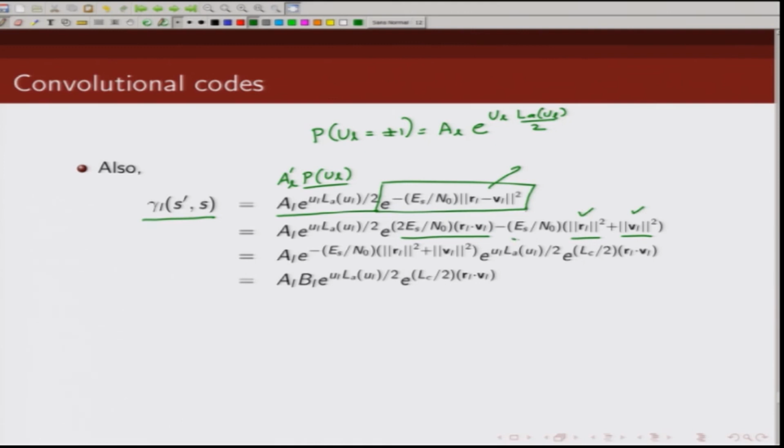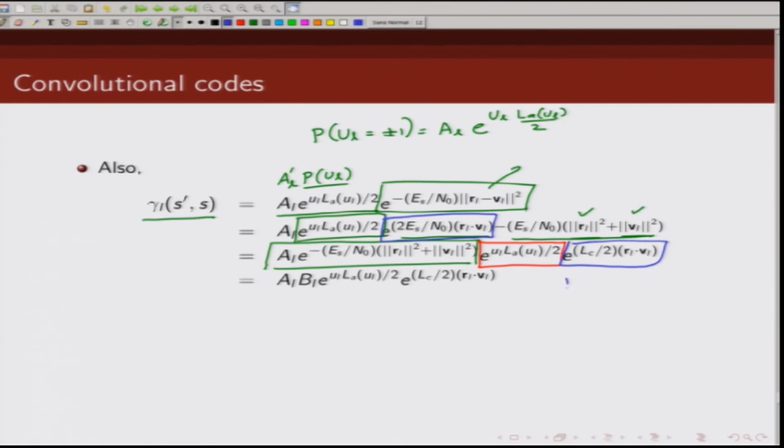So this term would then not depend on the choice of v_l. What we will be left with is, so this term we can just take out as some sort of constant which does not depend on the choice of v_l, and what will be left is this term which we are writing here, and the next term that will be left is this term which we are writing here.